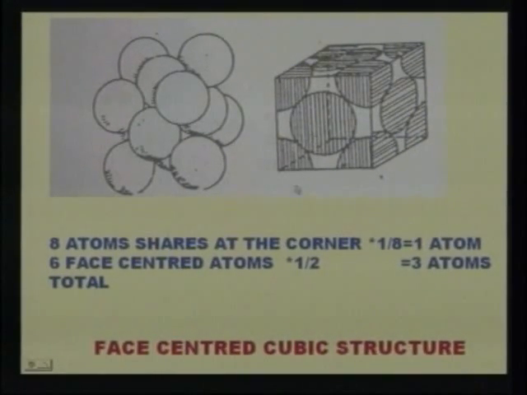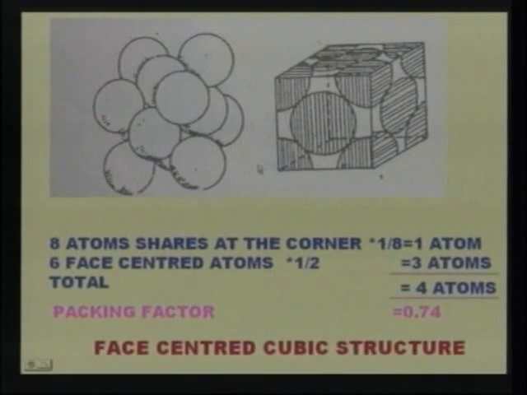In 8 corners, 8 atoms share at the corners, that is 1/8 each, equal to 1 atom, and on 6 face centered atoms, each face sharing 1 atom, that is 6 face centered atoms into 1 by 2, equal to 3 atoms. Now total atoms in the face centered cubic structure is 4 atoms. Now packing factor of the face centered cubic structure is 0.74.